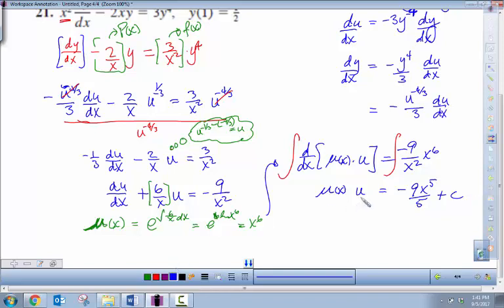And then we're solving for u, so we're going to divide by the integrating factor, which is x to the 6th. So this will be minus 9/5 x to the 5th plus c, divided by x to the 6th. Negative 9/5 times 1 over x plus c over x to the 6th.